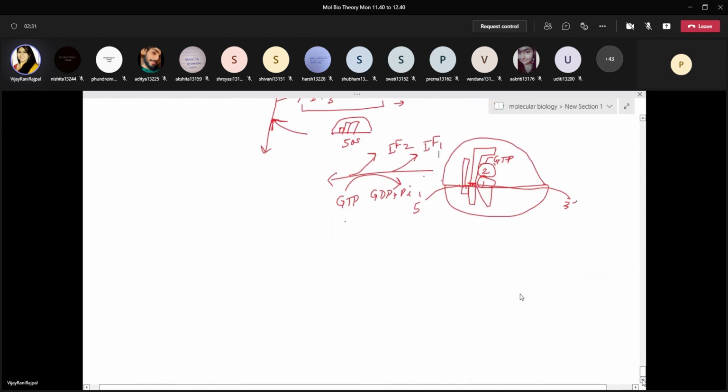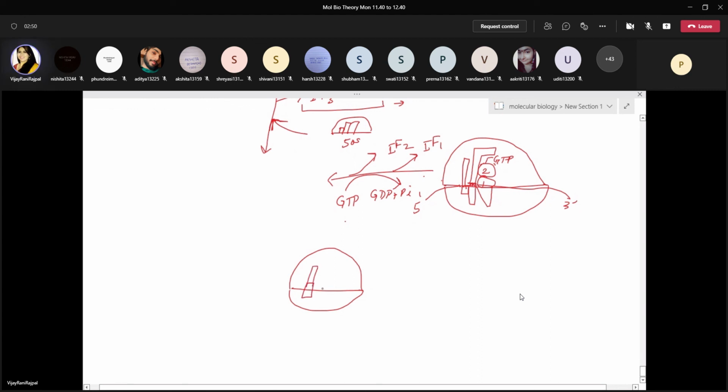So now the complete ribosome has formed, and it looks something like this. Initiation has taken place now. Let's make this bigger because this is empty now.